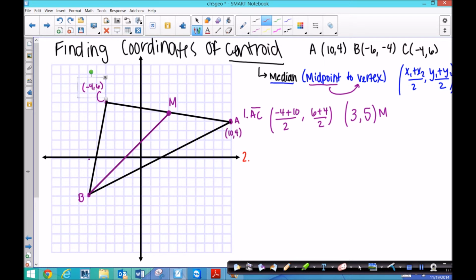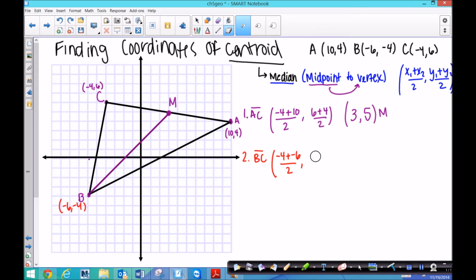And let's say that we chose the side CB. So B was the point -6, -4. So for BC, our midpoint is going to be the average x value, I guess we should keep these in the same order, followed by the average y value.